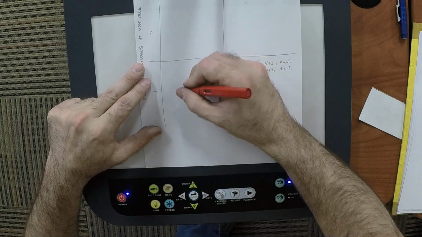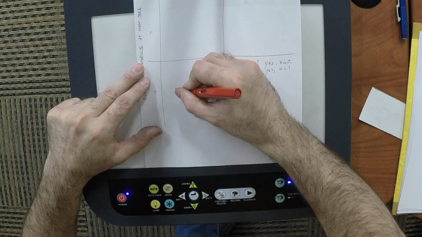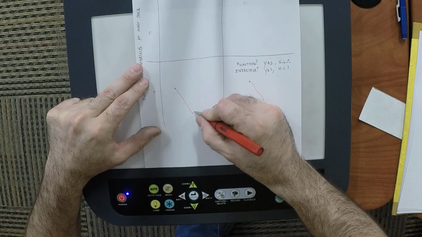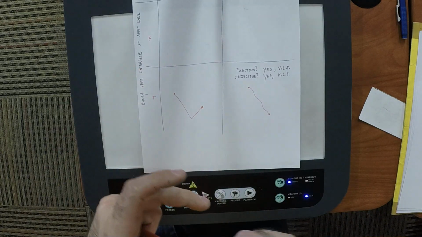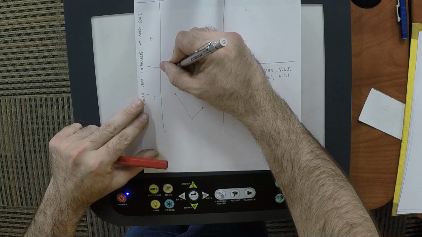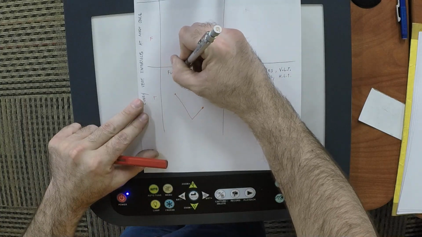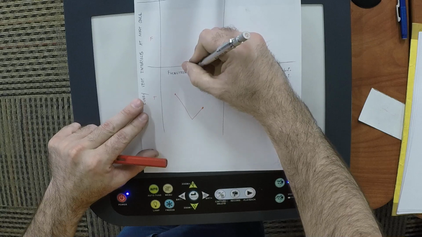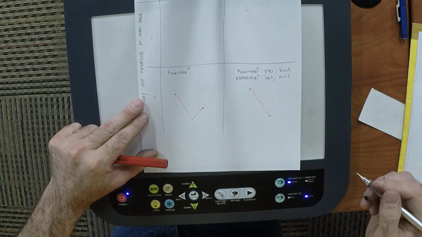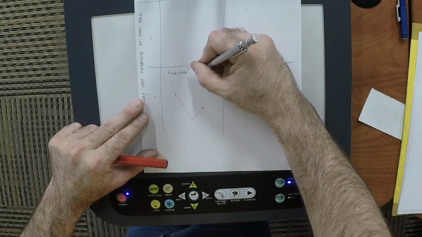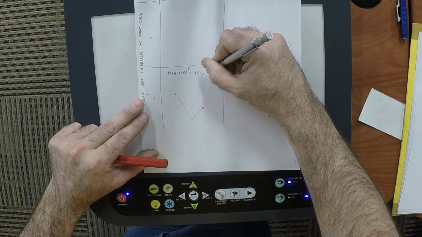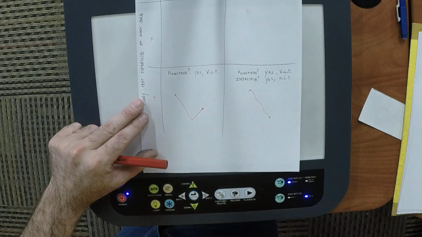In the bottom left, we can ask the question, is it a function? The answer is yes, because the test for that is the vertical line test.